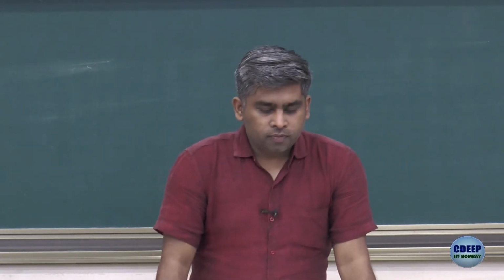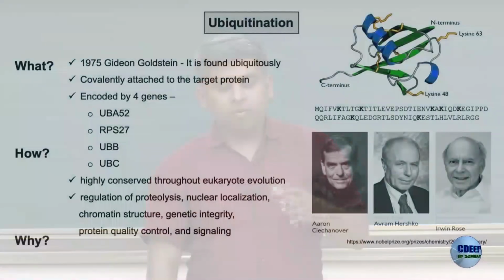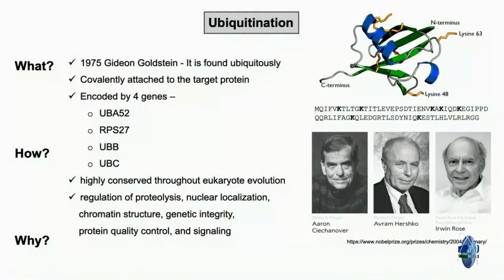Anyways, what was at the core of both of those pathways was ubiquitination. So let's take a step back and see what ubiquitination is, because it will become more relevant in the pathway that we are going to talk about today.